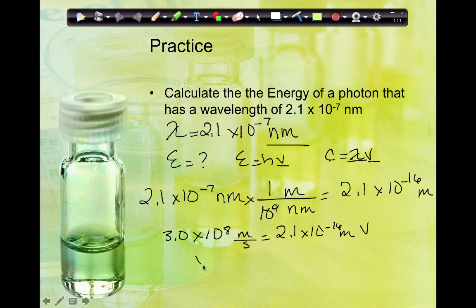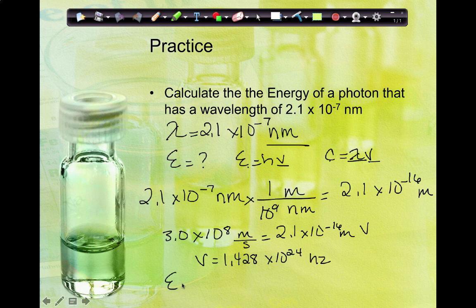So I solve for frequency here, and I will get this Hertz, or seconds to the negative first. So remember, we're not done. We still have to solve for the energy here.